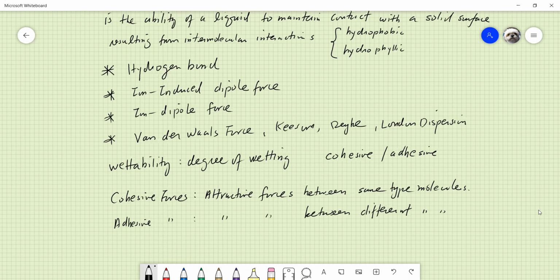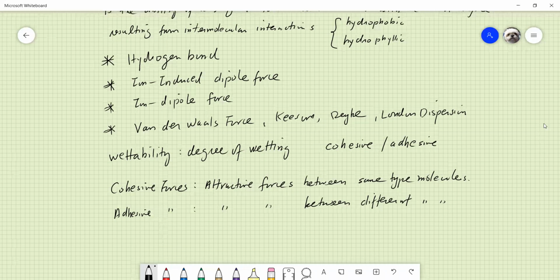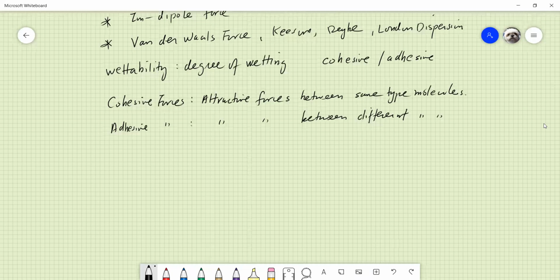Now, I'm going to give you some examples. I don't know whether you've seen that before. Let's say I have a cup of water. You can go and look at it when the class is over. If you look at the water level, it looks like this, not a perfectly straight line. They wet the glass. So what does that mean?